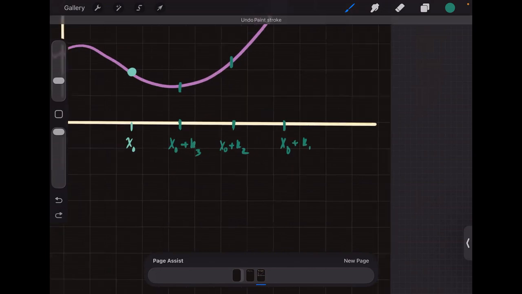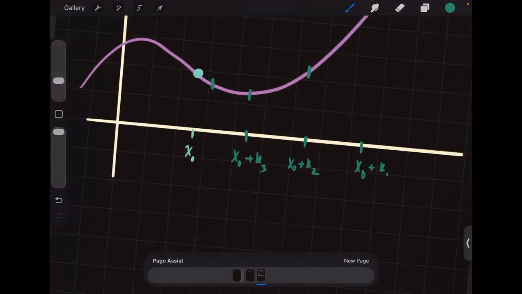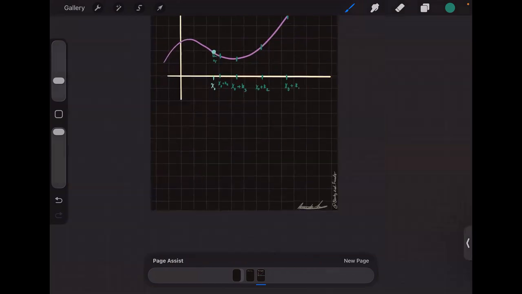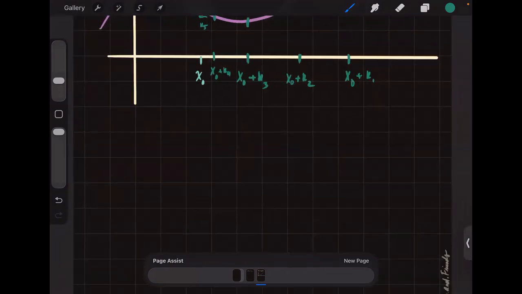And then what if we choose something even smaller, x sub 0 plus k sub 4? What about a distance of k5, k6, 7, 8? What's better, a k that's bigger or one that is smaller?